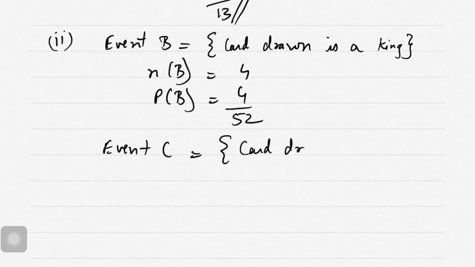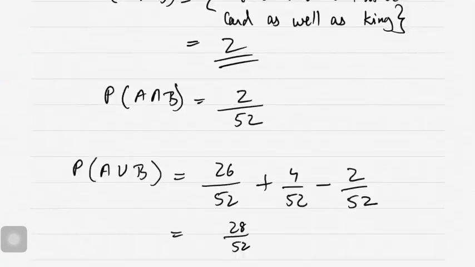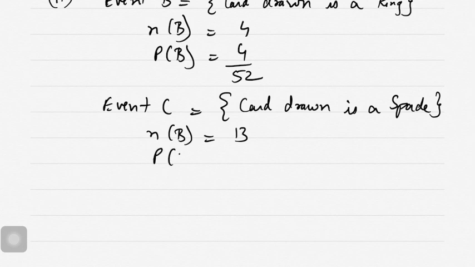Event C, card drawn is a, what was C? What's the question? King or a spade? Okay. Is a spade. So my n of C will be, there are 13 spade cards.